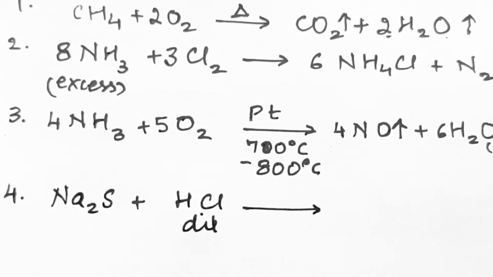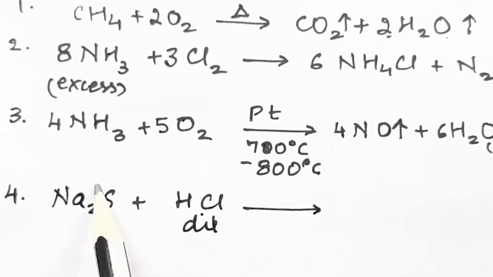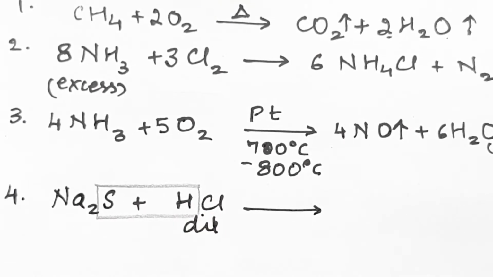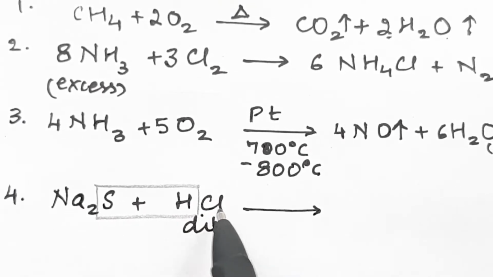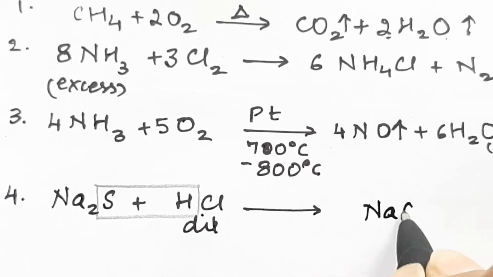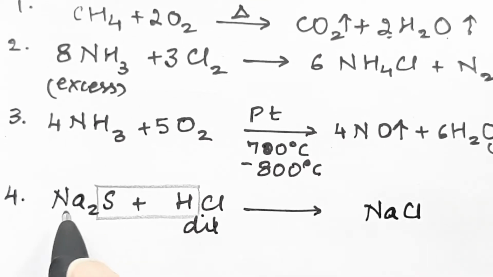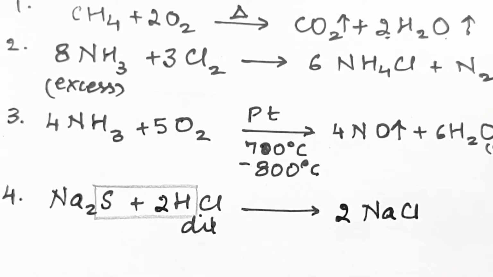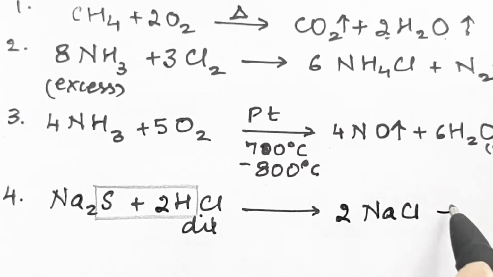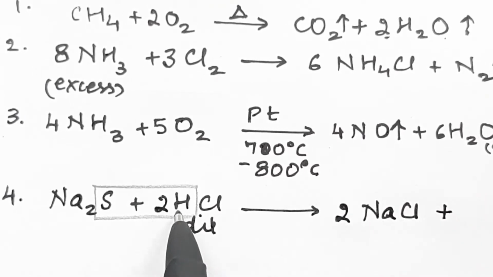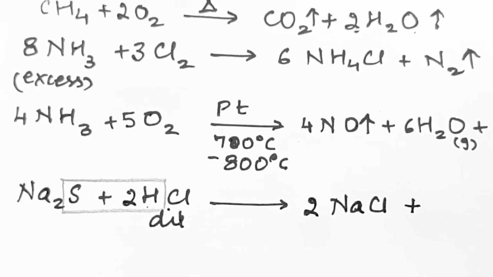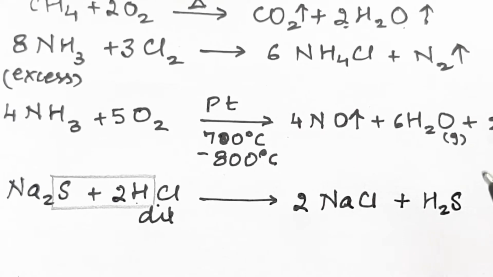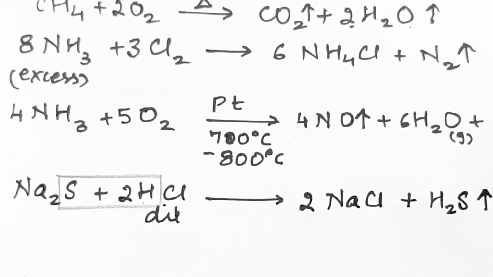Now if you are confused about this, you can make this a double decomposition like so, and we will have 2 Na taking 2 Cl because it will become NaCl, so I'll have to write 2 here. That will give me 2 NaCl, right? And plus it will give me H2 with S, H2S, and H2S is a gas, so we will show it like so.